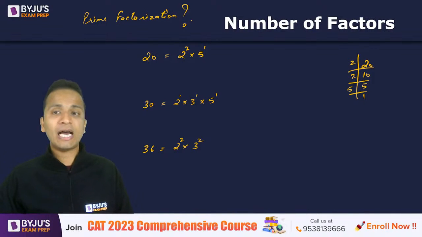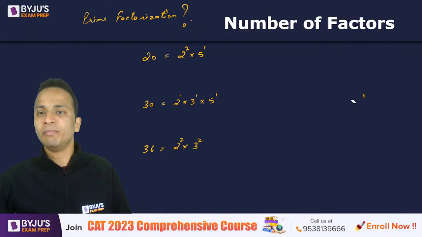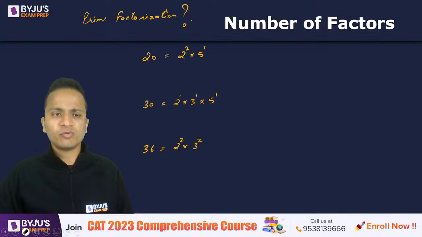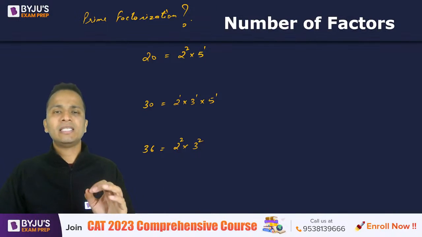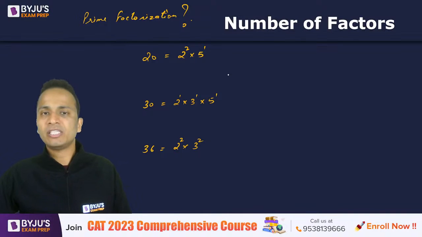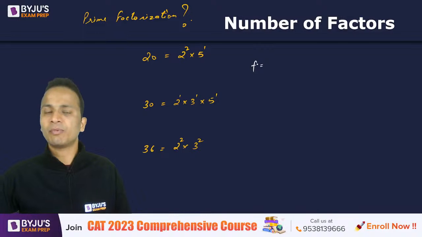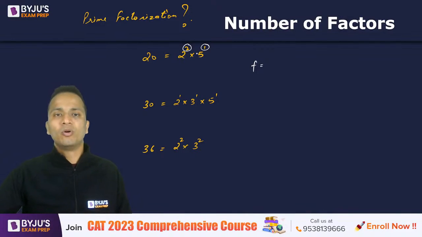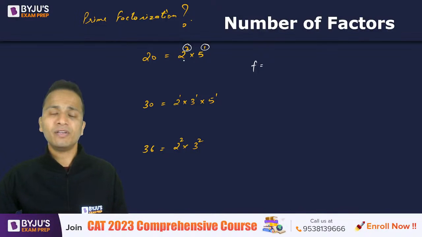But before that, this session is very important, very useful. Now, I've selected three numbers which I took earlier, and I've done the prime factorization of all these numbers. Now, after the prime factorization is done, to calculate the number of factors, just look at the powers of these numbers. Only focus on the powers of the prime bases.